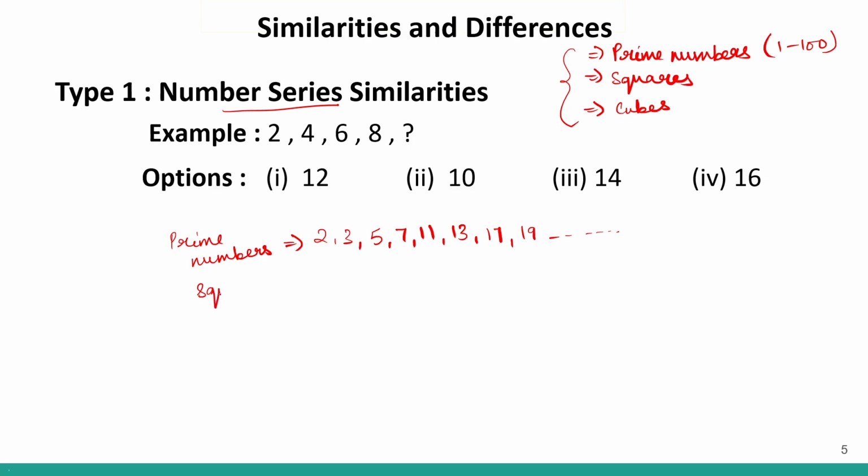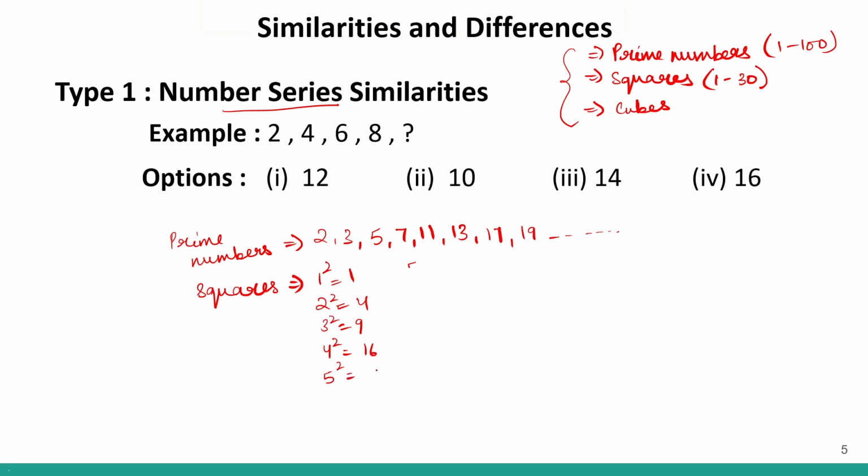Then we have squares. So squares up till 1 to 30. So let me write for the first 15, okay? 1 square is 1, 2 square is 4, 3 square is 9, 4 square is 16.